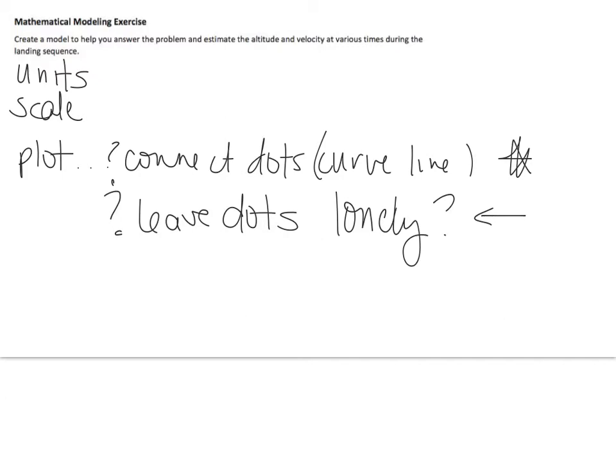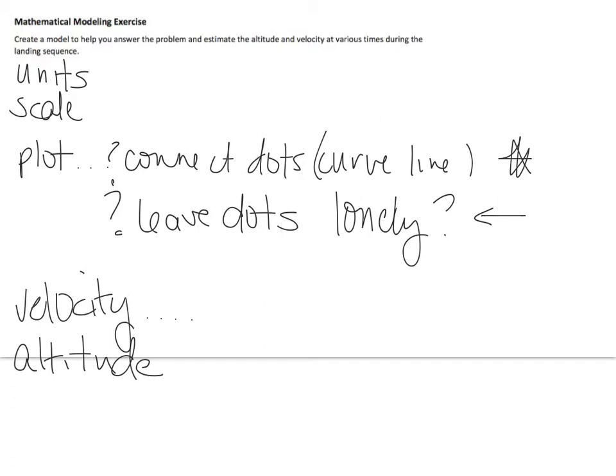How would we describe velocity? Velocity is a hard one to describe sometimes. Altitude. So I think we've got time and we have altitude.